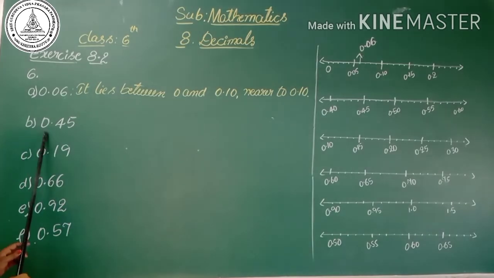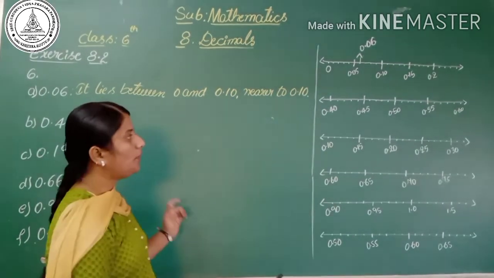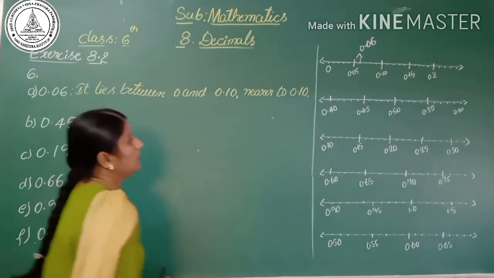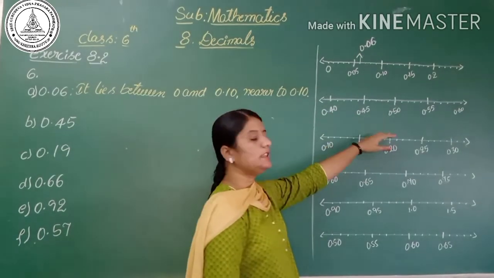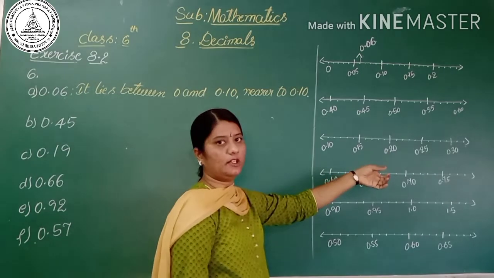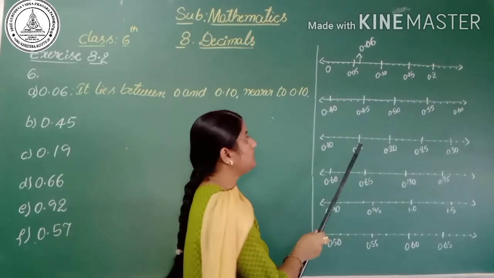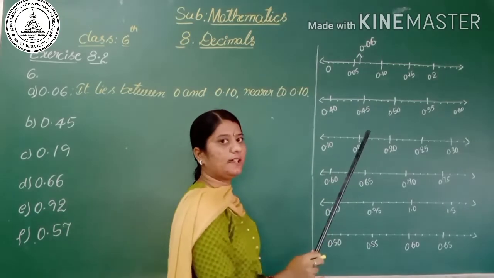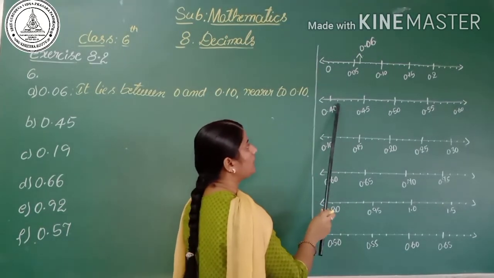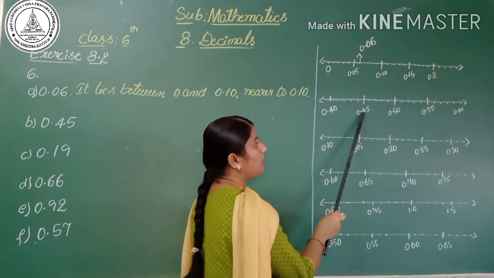Similarly, you may see the second question, number 0.45. So here I draw the number line so you may locate 0.45 on a number line. Here also the length between 0 and 1 is divided into 100 equal parts. The first one is 0.40, and each part is 0.01. So we count 0.41, 0.42, 0.43, 0.44, 0.45.